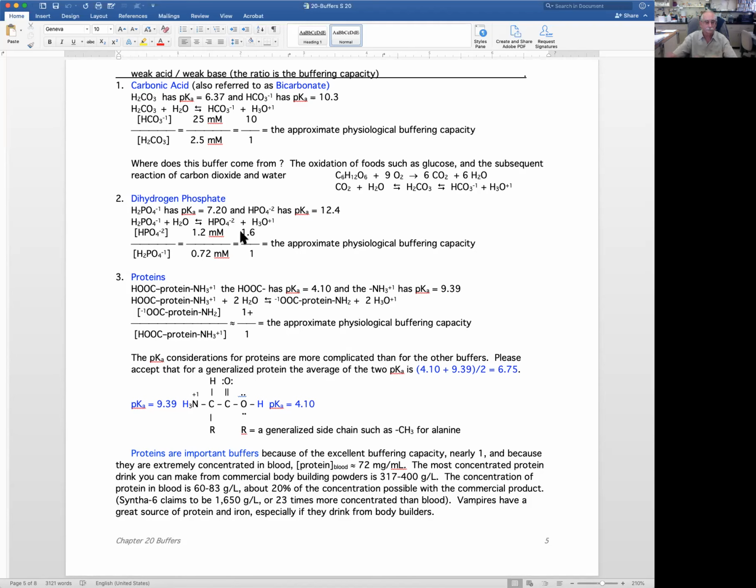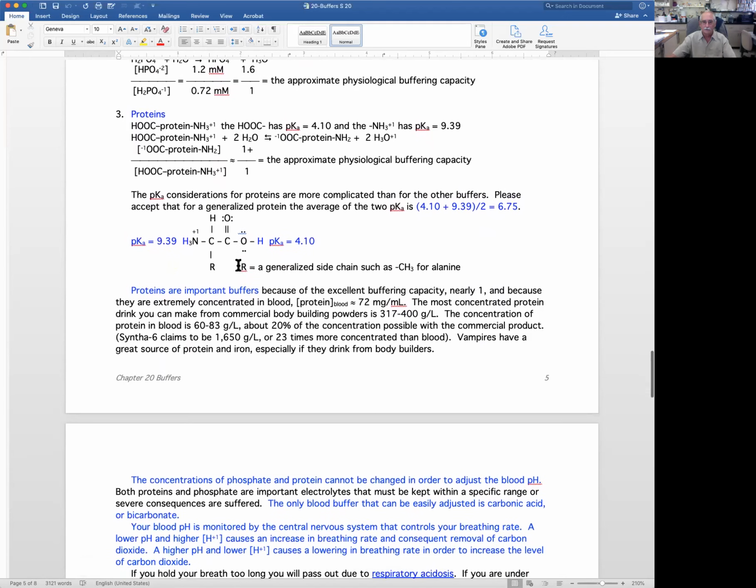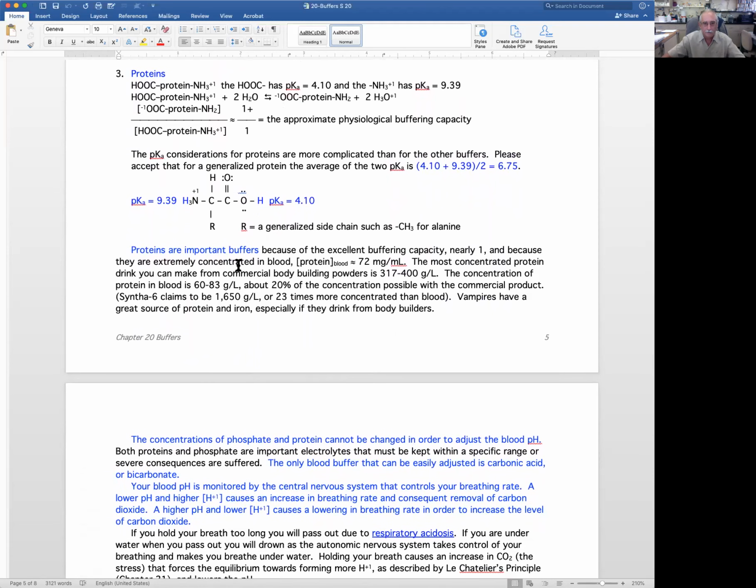And the third and last one we'll talk about is proteins. It's a little bit more difficult, so I'm going to make some simplifications here. But here is the acidic form. Protein is made up of amino acids. Here's the amino group that's been protonated because it acts like ammonia, a base.